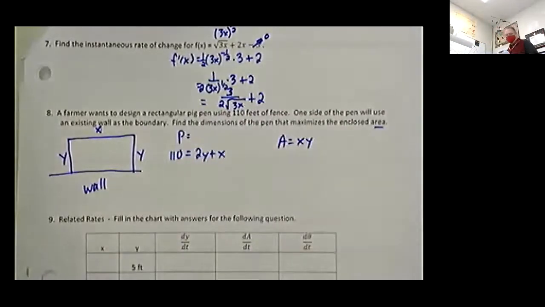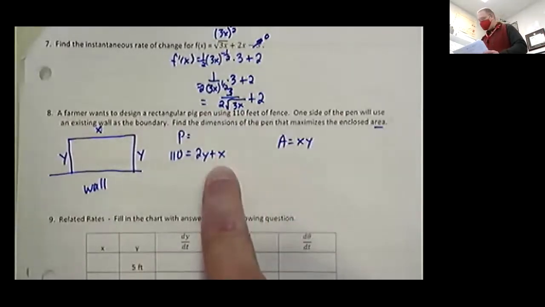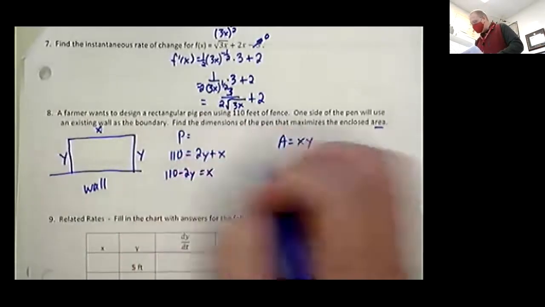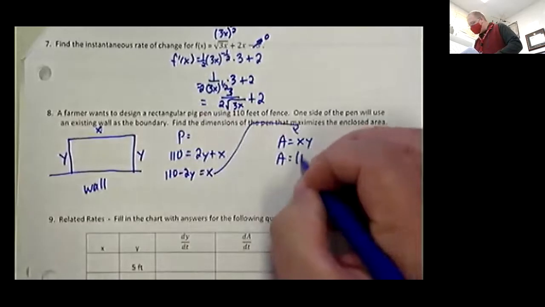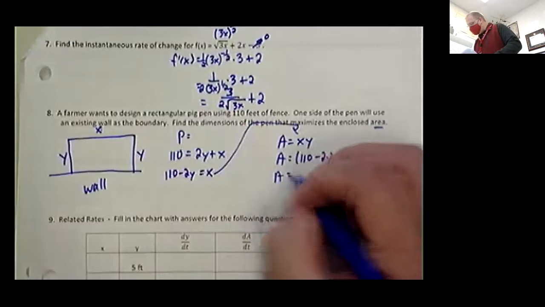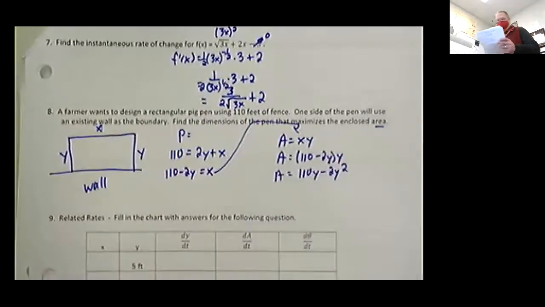Now you need to pick which variable you want to get rid of. Because x doesn't have a coefficient, I'm going to solve for x. So x is equal to 110 minus 2y. I'm going to plug that in. So A is now 110 minus 2y times y, and that is 110y minus 2y squared.